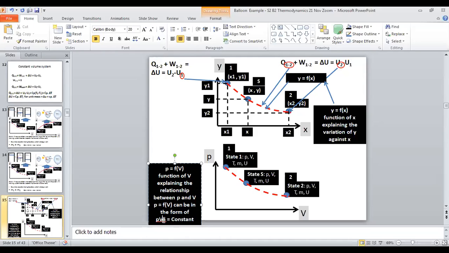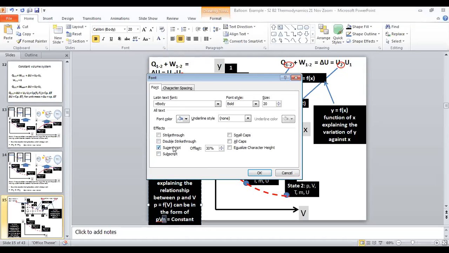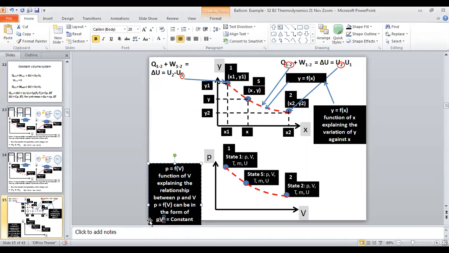V to the power n. So this is the general form you can consider based on some practical trends.